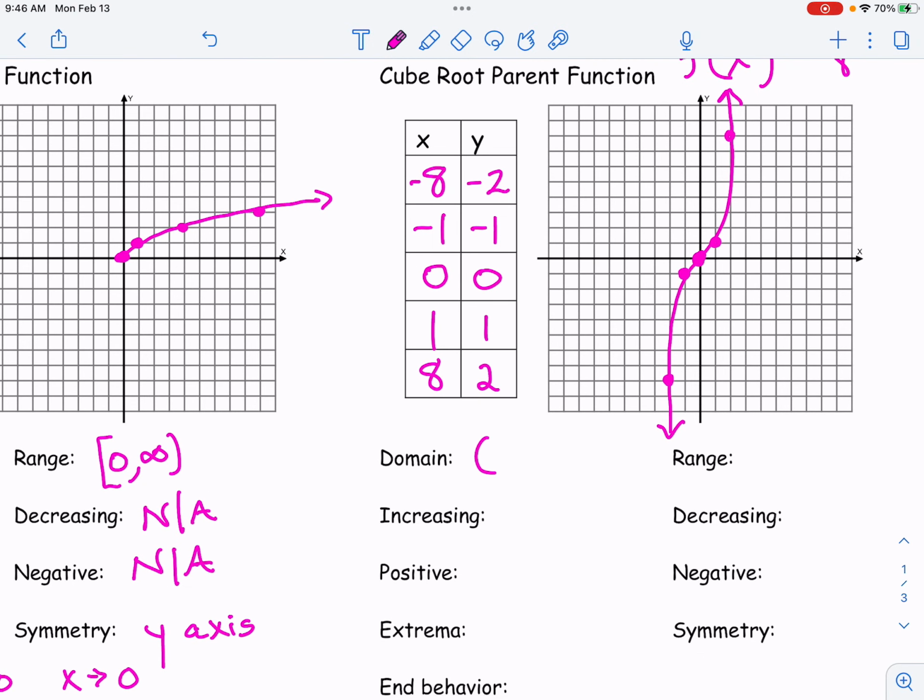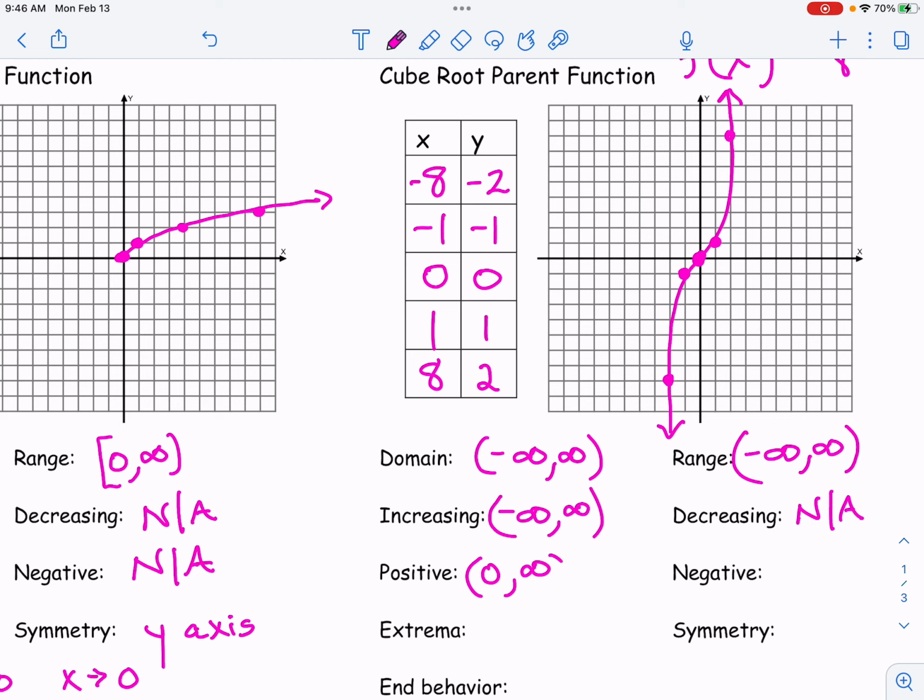Your domain is negative infinity to positive infinity. Range, negative infinity to positive infinity. It's increasing from negative infinity to positive infinity. It is not decreasing. It's positive from 0 to positive infinity. It's negative from negative infinity to 0. There is no extrema because it goes to infinity.